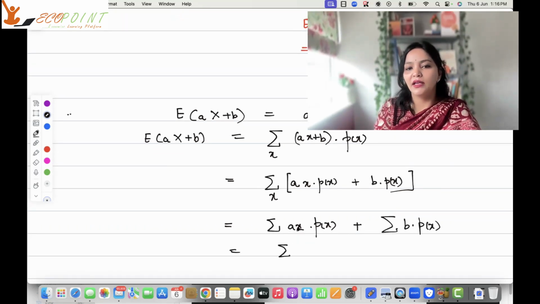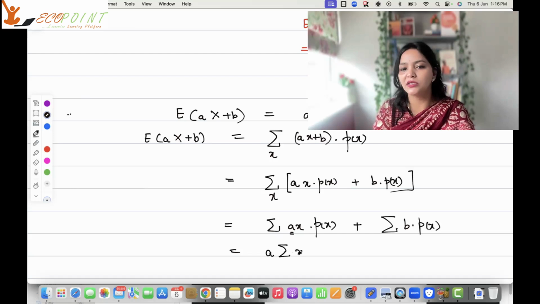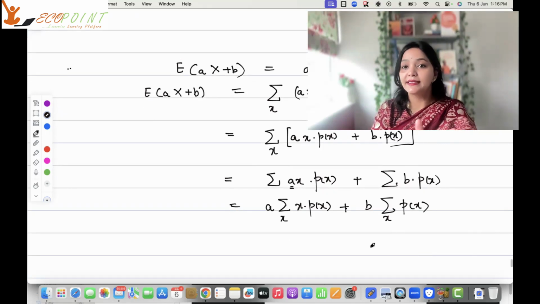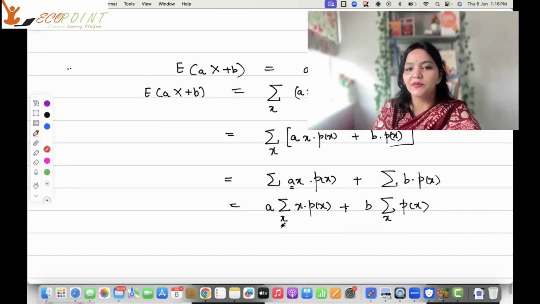Summation ax px, a is a scalar value which can come out. So a times summation x into px plus b is a scalar that comes out. It's not dependent on x, right? So whatever is dependent on x, you can write down here inside the summation. So what you get here is a times summation x into px. What is x into px summation over all the x's?